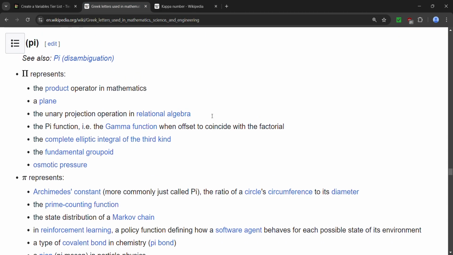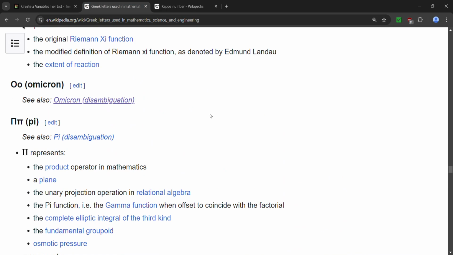Yeah, okay. Pi though. I guess this is some good news. We all get some pi at the end of the day. I mean, pi is iconic because it's 3.14, right? That on its own, I think, puts it at least B tier. But let's see what else it has.